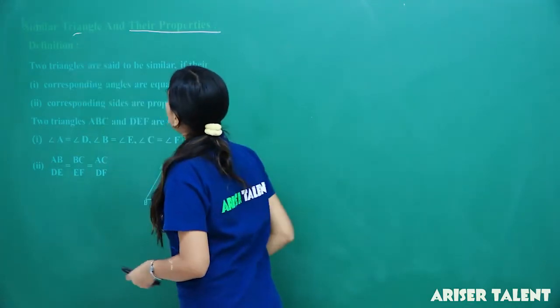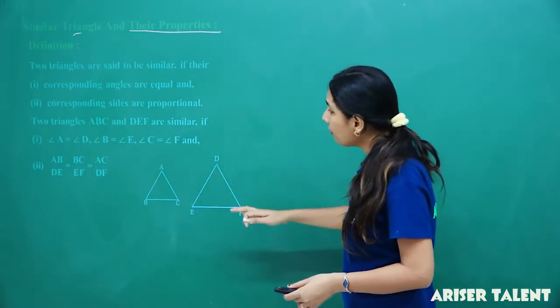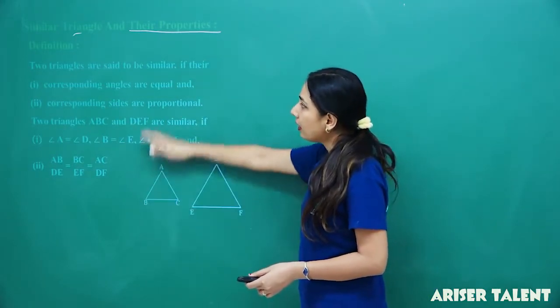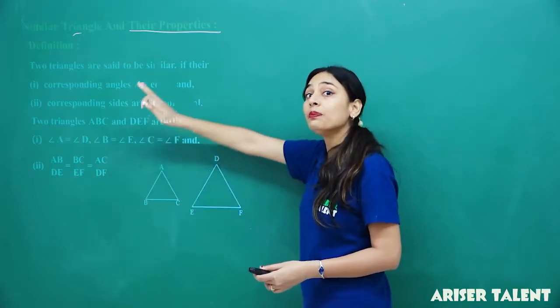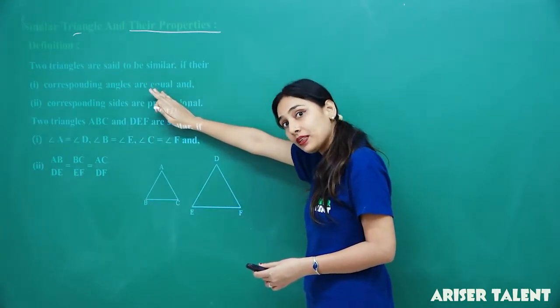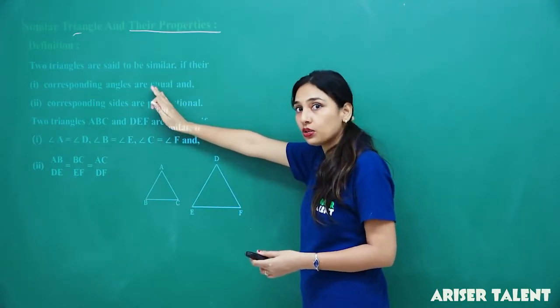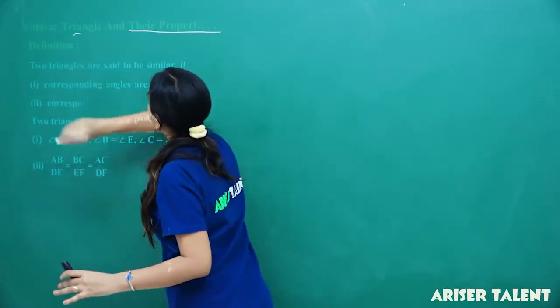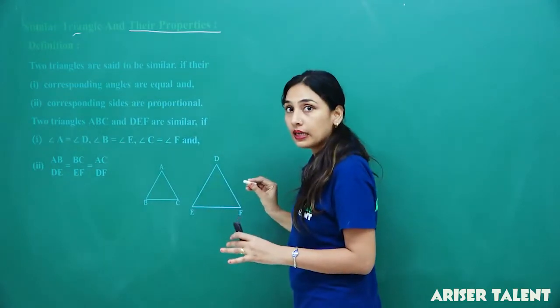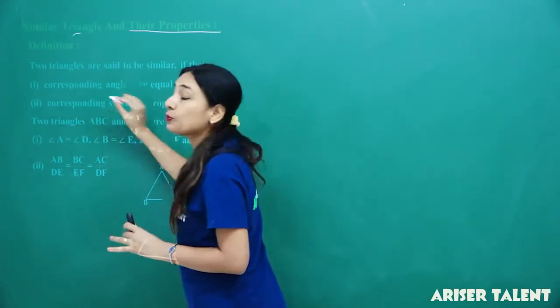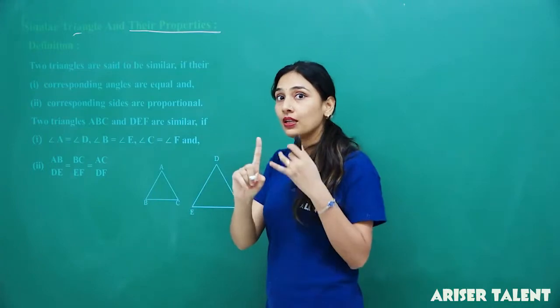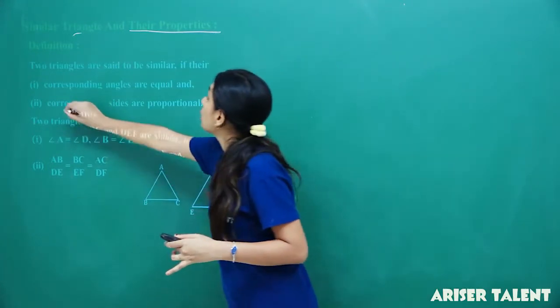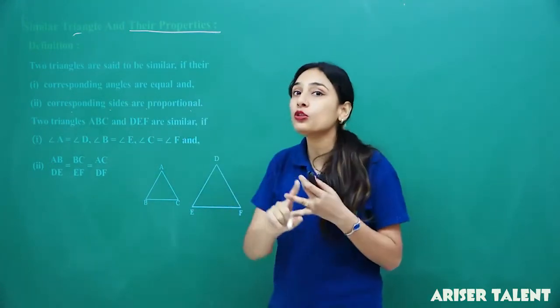Now, the definition, we have definitely covered it in our slides, but because our whole chapter is on the triangle, we have to have another look at that also. Two triangles are said to be similar if, one, their corresponding angles are equal, and two, their corresponding sides are proportional.